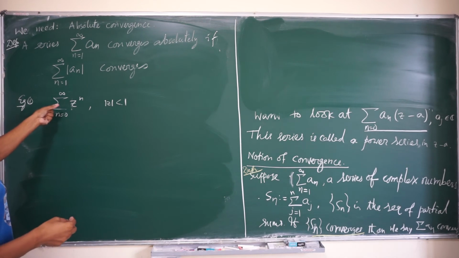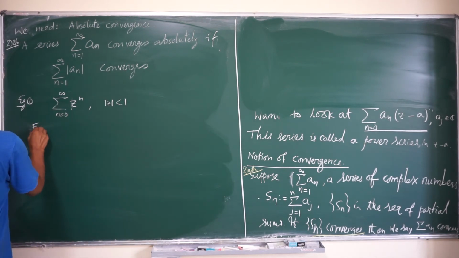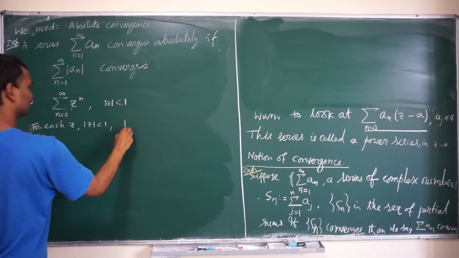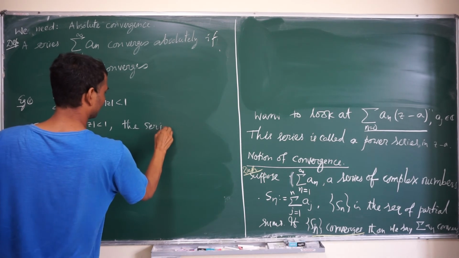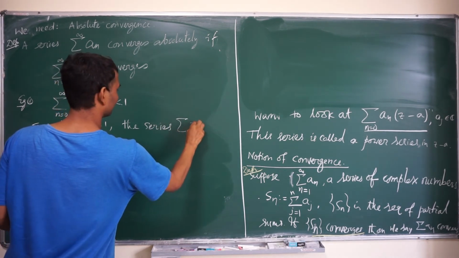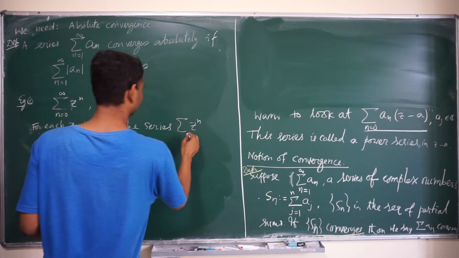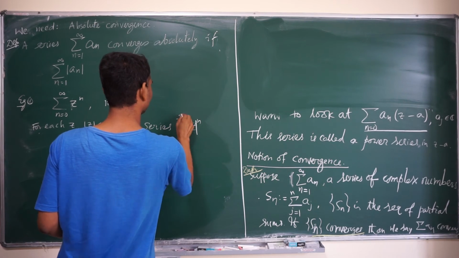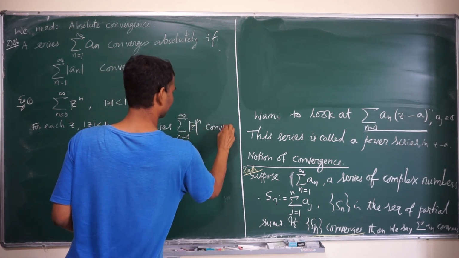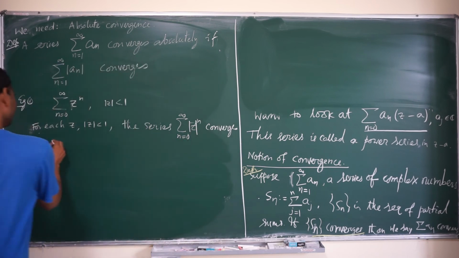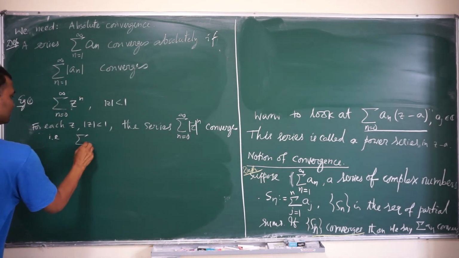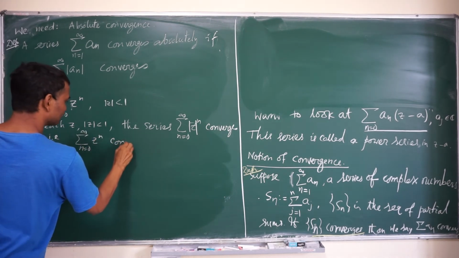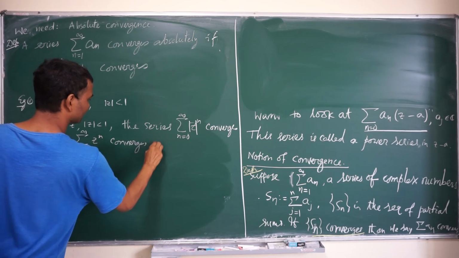For each z with mod z less than 1, the series summation of mod z to the power n from 0 to infinity converges. That means summation n equal to 0 to infinity of z to the power n converges absolutely.